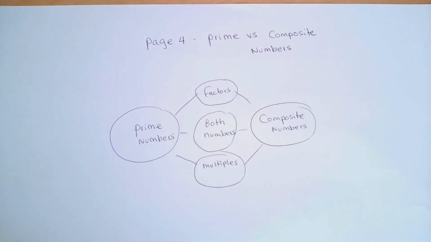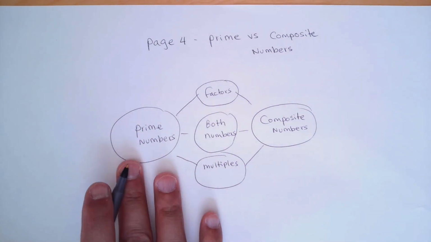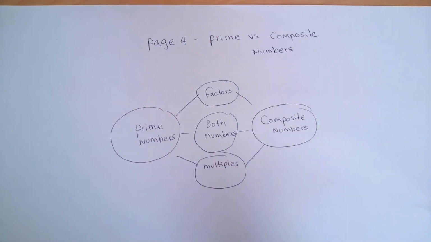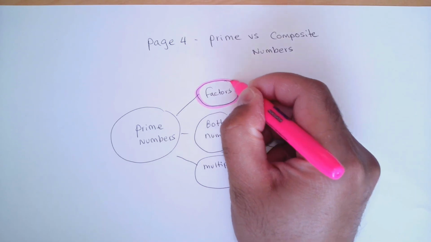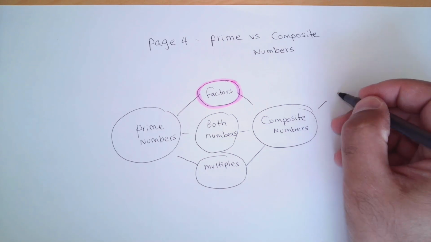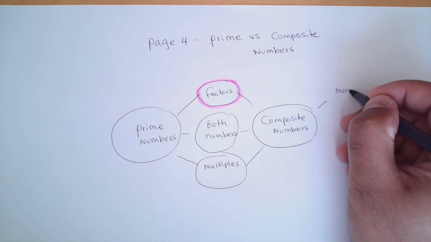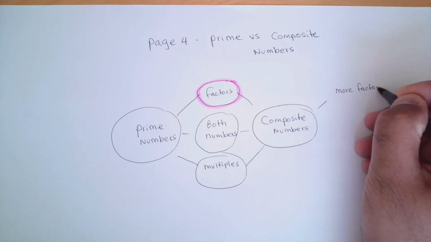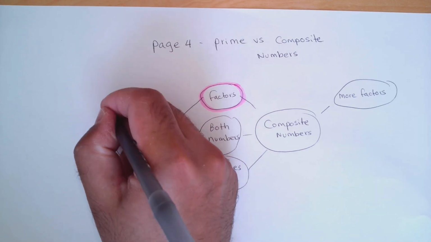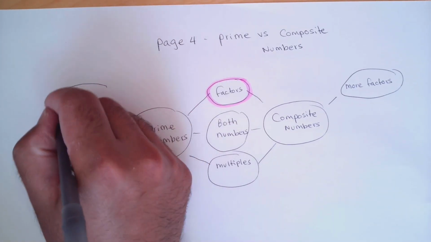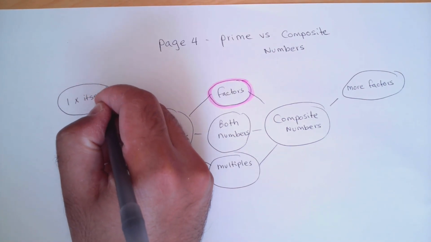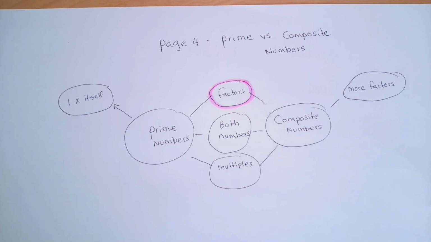Okay? The difference between a prime number and a composite number is how many factors they have, how many factor pairs they have. Okay? So the composite numbers have more factors. You can create them different ways. Prime numbers, you can only get them by 1 times the number itself.